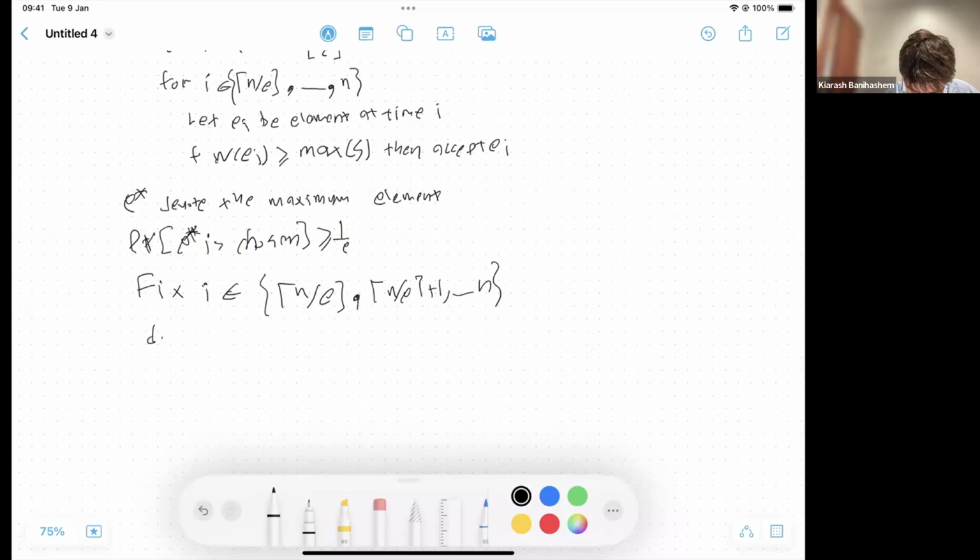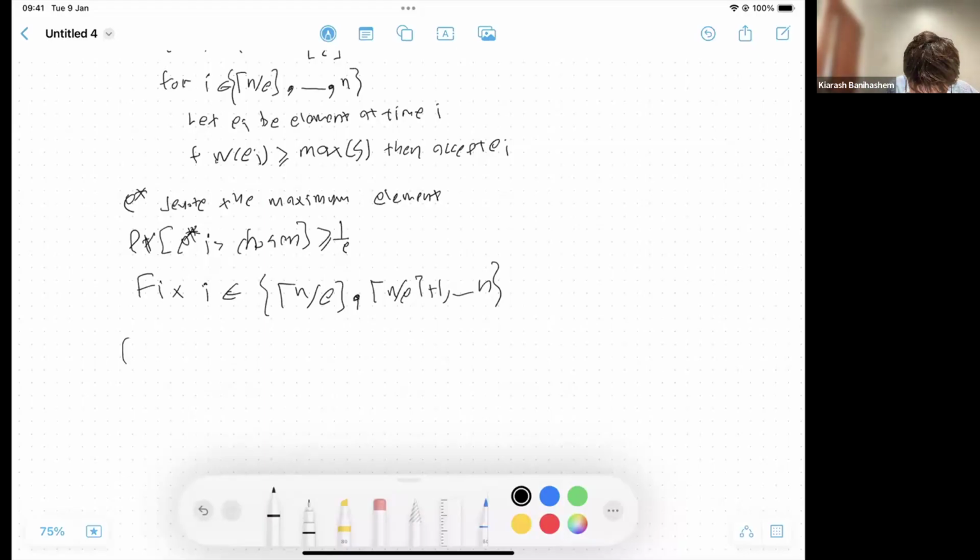The main point is that in order for E star to be accepted, it needs to be accepted at some time step between n over e and n. Therefore I can write the probability of it being accepted as the sum of the probabilities of it being accepted at those times.